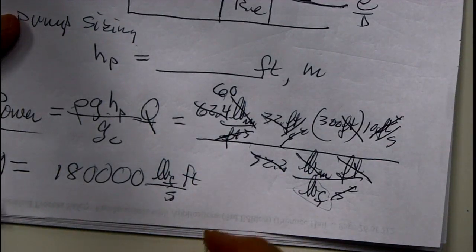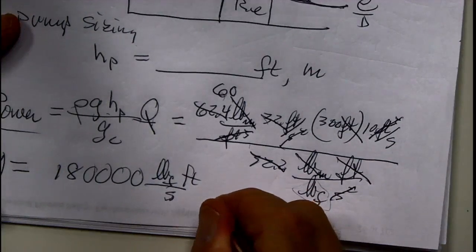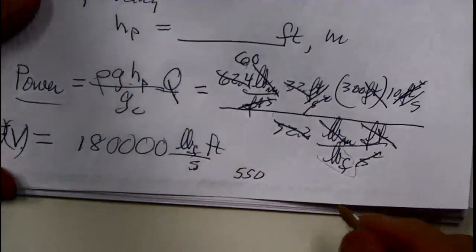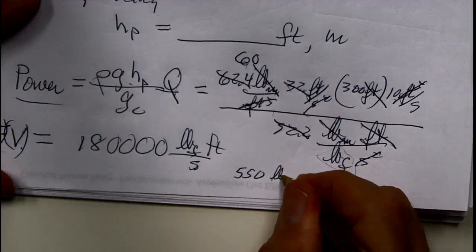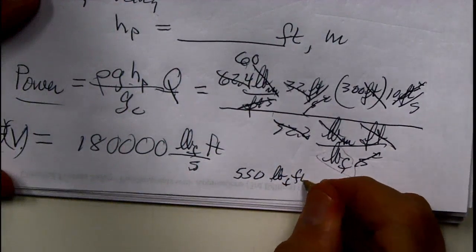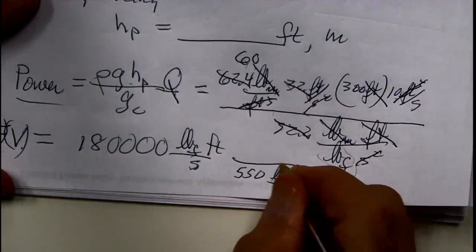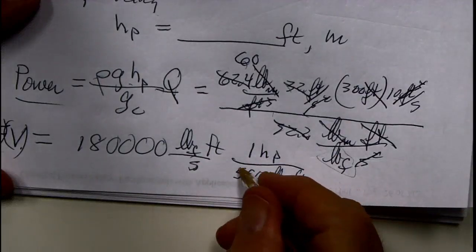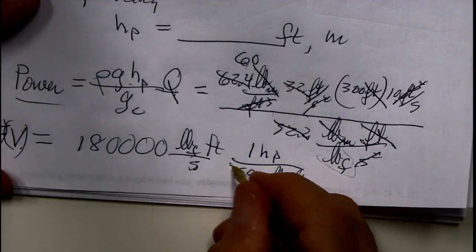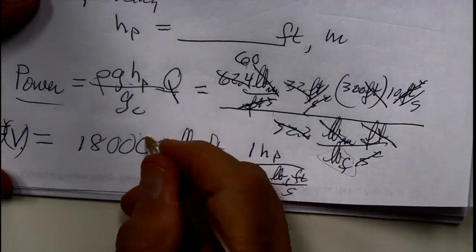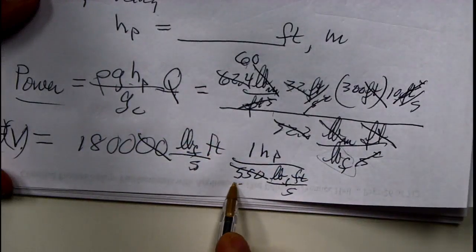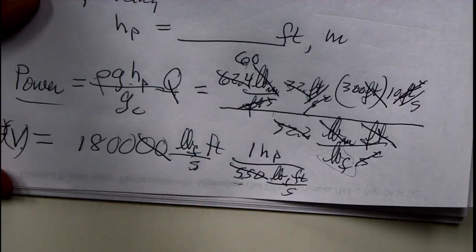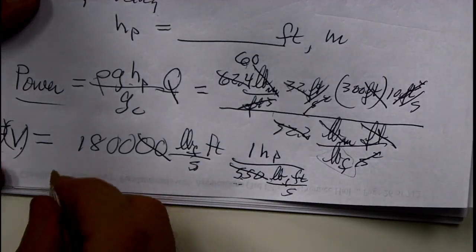Now then I come along and say, well, 550 pounds force feet per second is equal to 1 horsepower. So I'm going to do a quick calculation. This is about 500. So call that 5 into 1800.